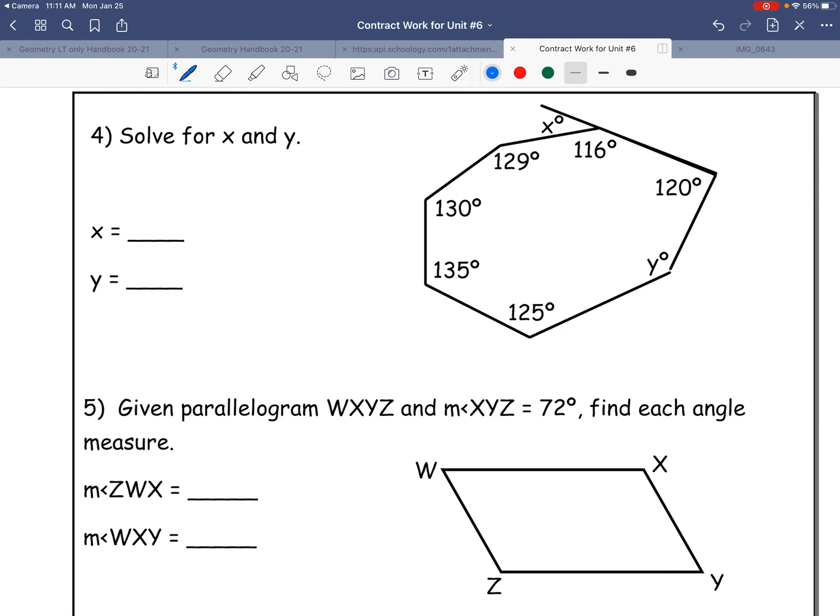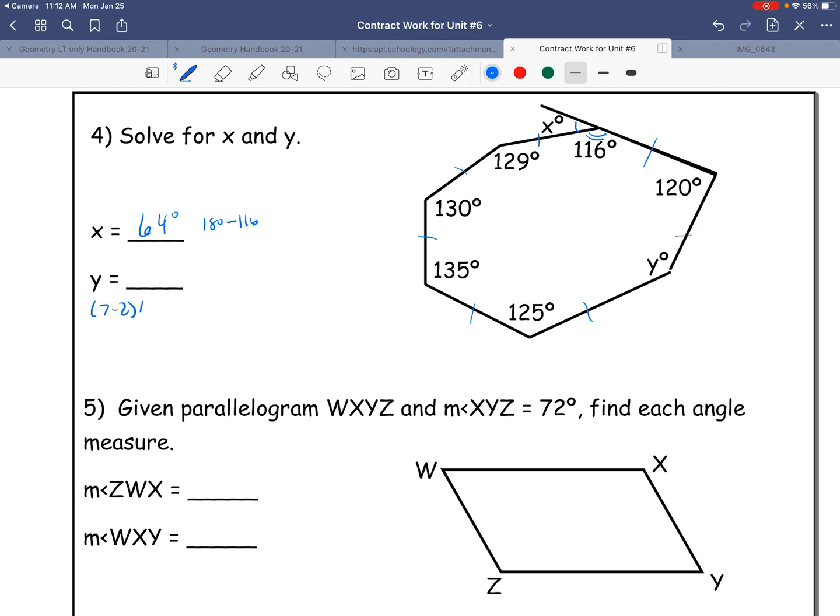Look at number 4. To get x, x is supplementary to 116. So for x, we're doing 180 minus 116, and we get 64 degrees. To get y, we have a 1, 2, 3, 4, 5, 6, 7-sided figure.